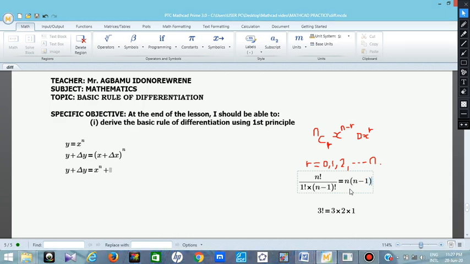Then I need to stop here, factorial. If I keep going, n minus 1 minus 1 gives n minus 2, but I need to stop here because of the denominator that I have there. So divided by, 1 factorial is 1, so we ignore that. So divided by n minus 1 factorial.